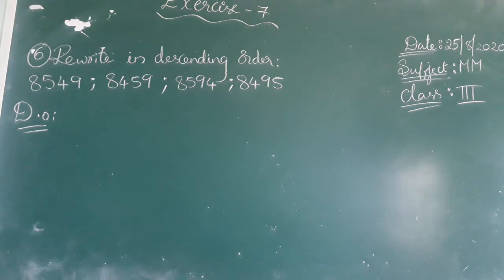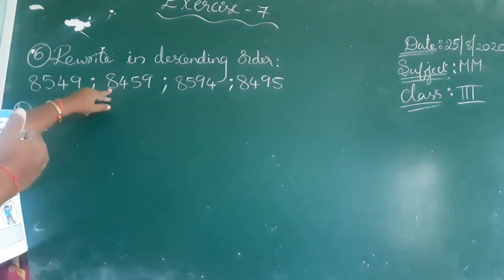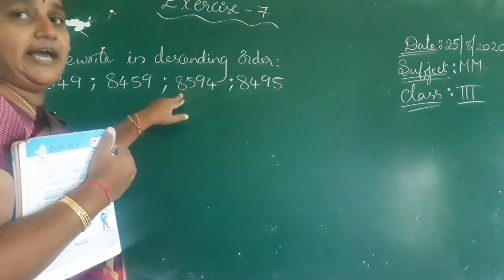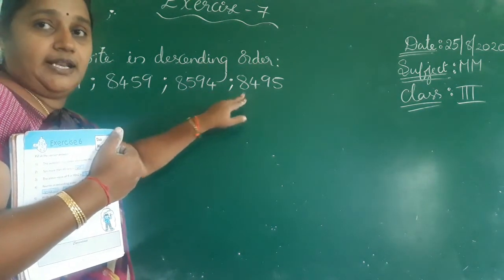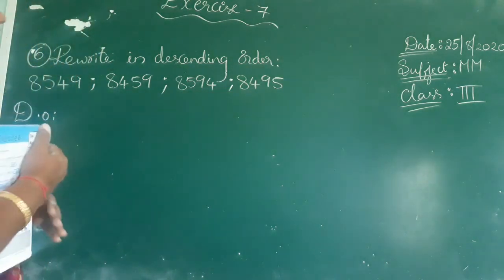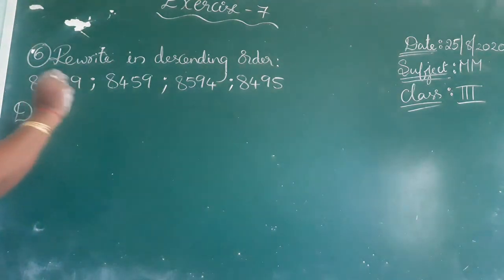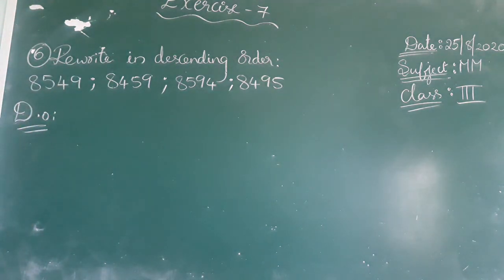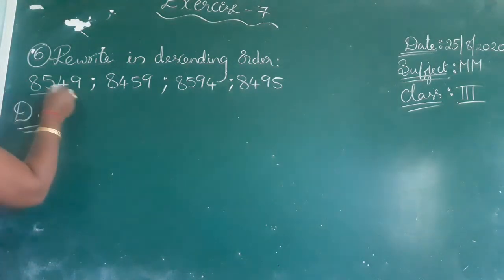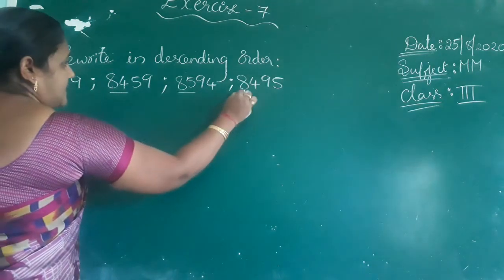How we will arrange the numbers from greatest to smallest? First we should check through all the numbers. I will read them out once again: 8549, 8459, 8594, 8495. So first, all start with 8000 only. Go to the next digit which is at hundreds place. 8500s, 8400s, 8500s, 8400s.